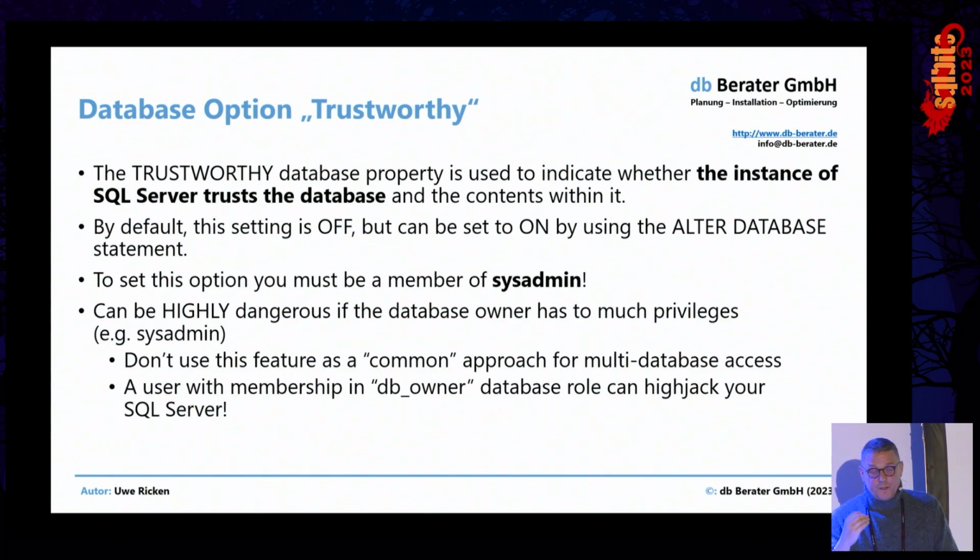A user with a membership in the db_owner database role, and that is the security breach point, can hijack your SQL Server. Because what can a DBO or a user in a db_owner role do? He can impersonate. You see this technique all the time in my demos.